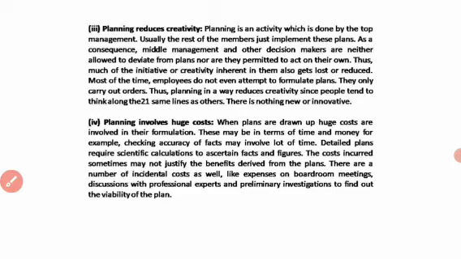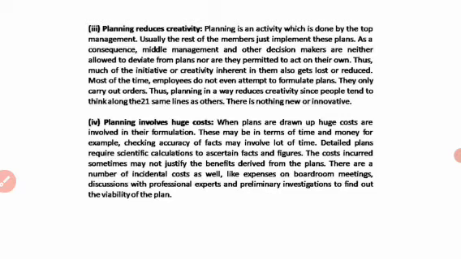Next, planning reduces creativity. Why does planning reduce creativity? Because if the top level management makes the plan, then the middle level management does not take any decisions, and the lower level management does not have the authority to take decisions either. Only the top level management focuses on the planning activities.